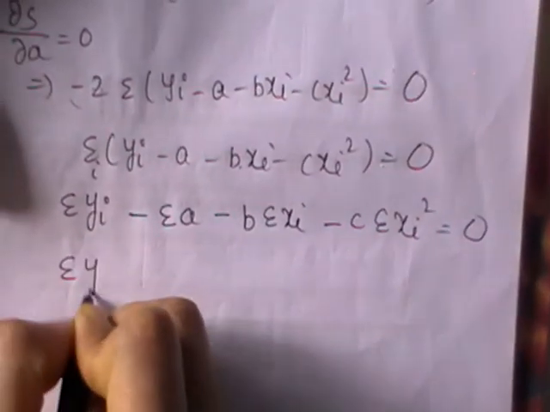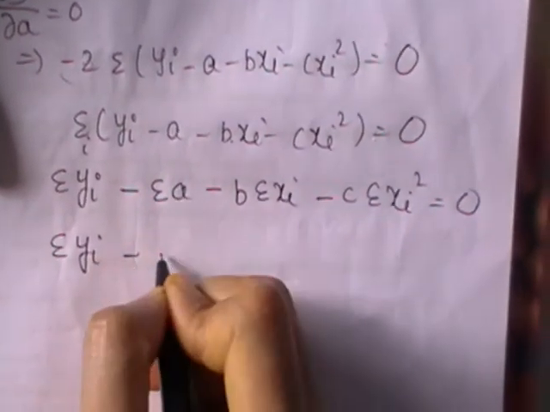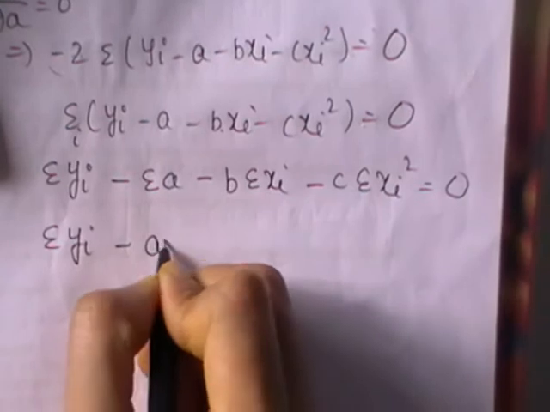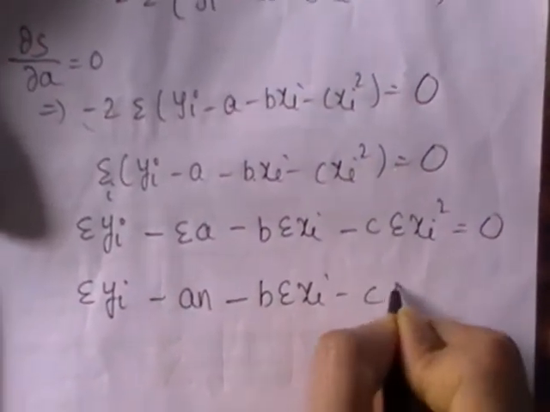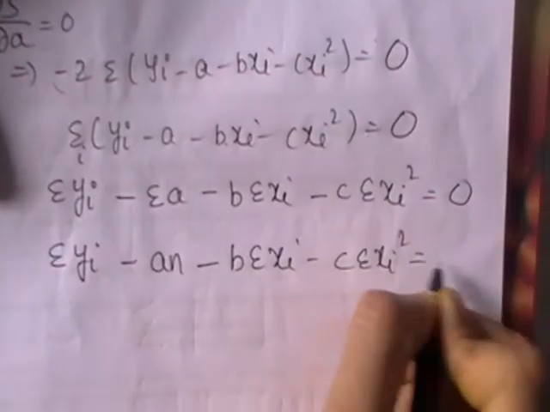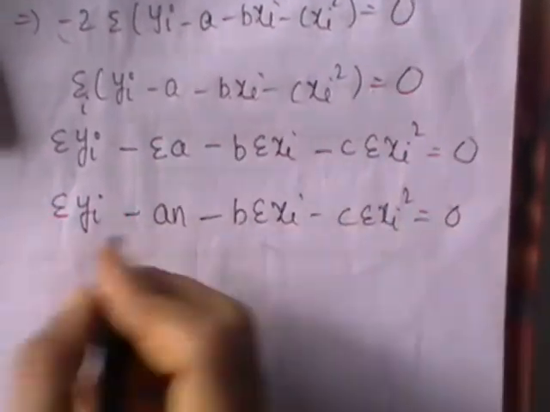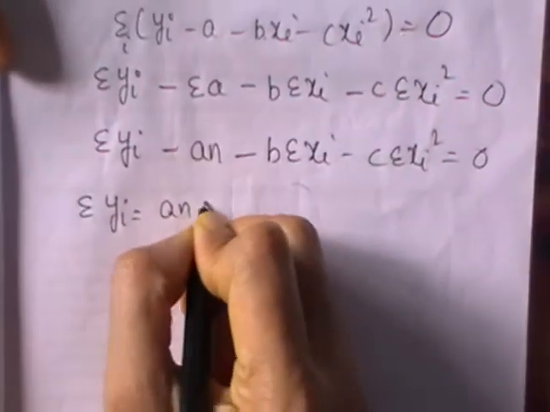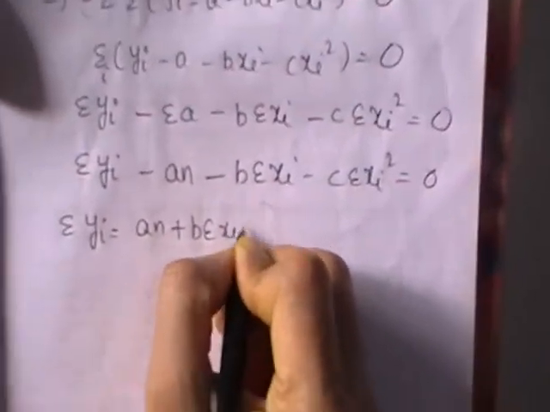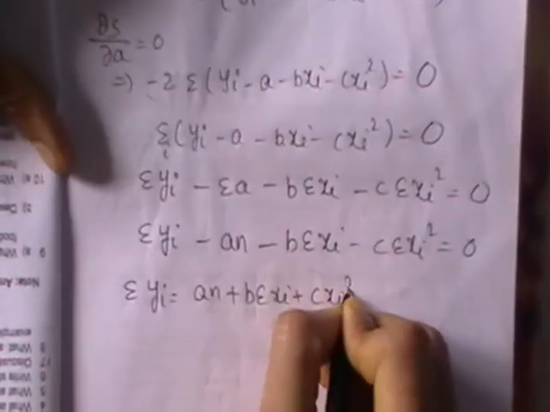As b is independent of i and the summation is running on i, you can take b out of the summation. Sigma 1, if you take a out, is nothing but n. So sigma yi minus na minus b sigma xi minus c sigma xi square is equal to 0. If you shift all these terms to the RHS, you will get sigma yi is equal to na plus b sigma xi plus c sigma xi square.